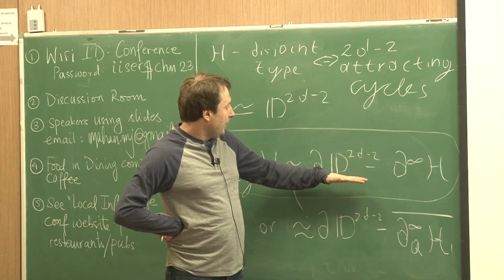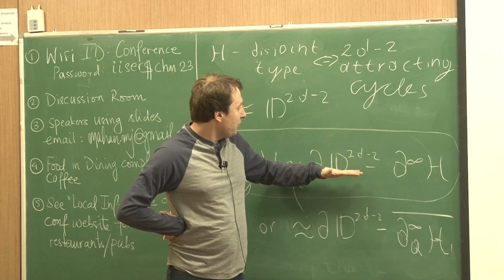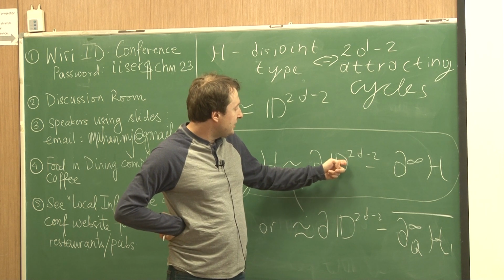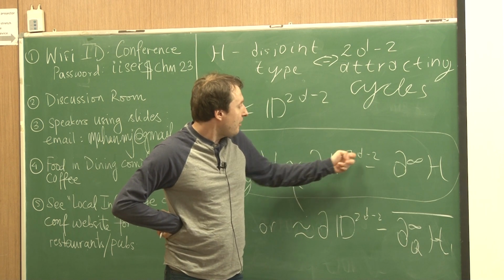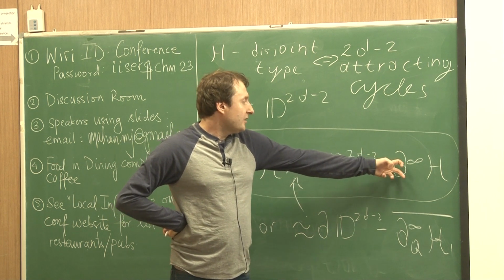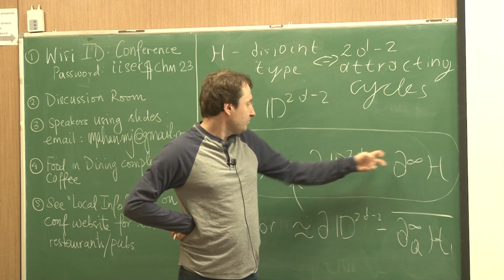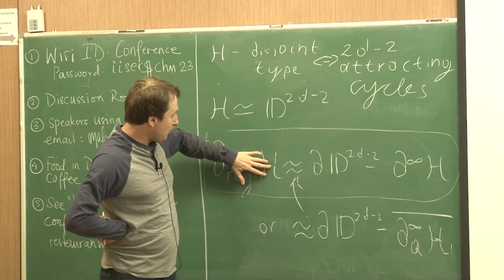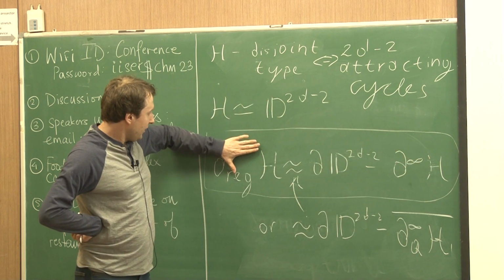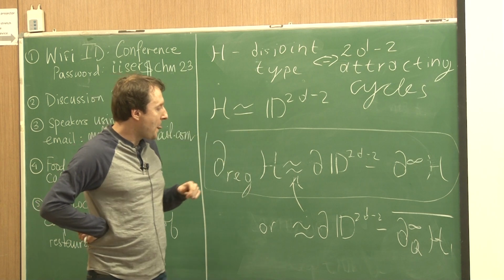In particular, here is the formal boundary, the boundary of the closed unit disk to this power, and we can define the obstructed boundary of a hyperbolic component. Namely, this is the part that does not correspond to the actual boundary.